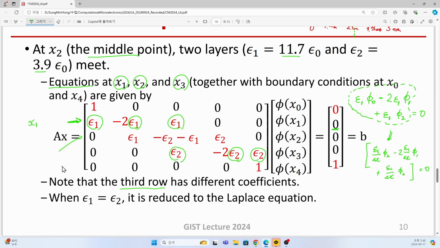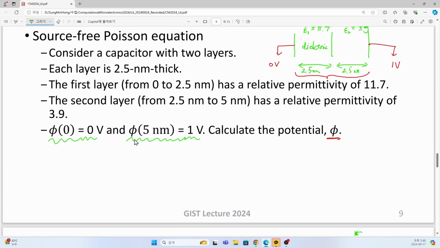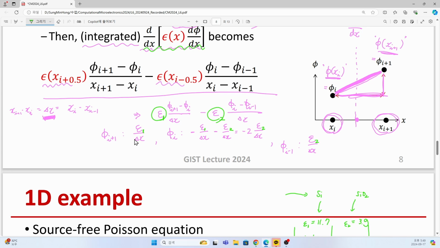It is because this one corresponds to material 2 and this one is for material 1. However, x2 is the middle point and the boundary point between material 1 and material 2, and in this case we have a slightly different coefficient, and that was already covered in our discussion in this derivation.